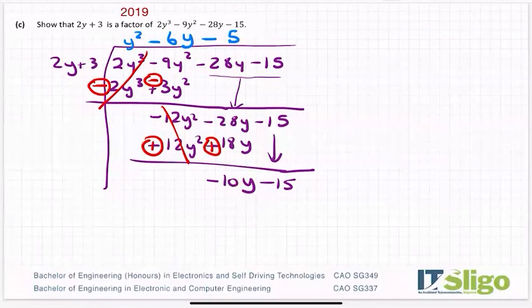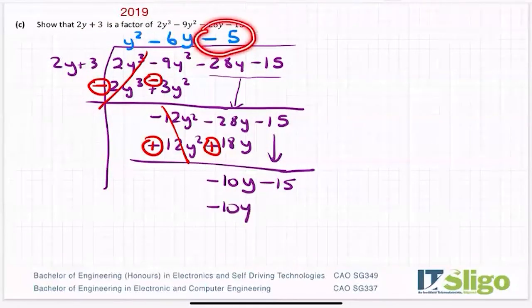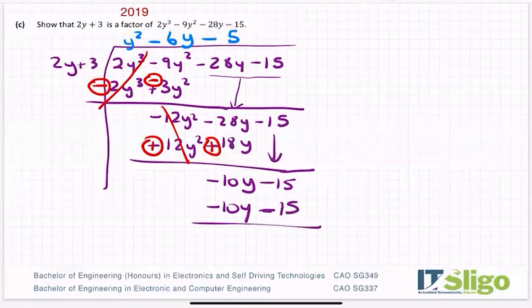Okay, so now minus 5 by plus 2y gives me minus 10y. Minus 5 by plus 3, well, minus by plus gives me a minus. 5 3s gives me 15. Change the sign, minus 10y plus 10y cancels, minus 15 plus 15 cancels, and there's my 0 at the end.